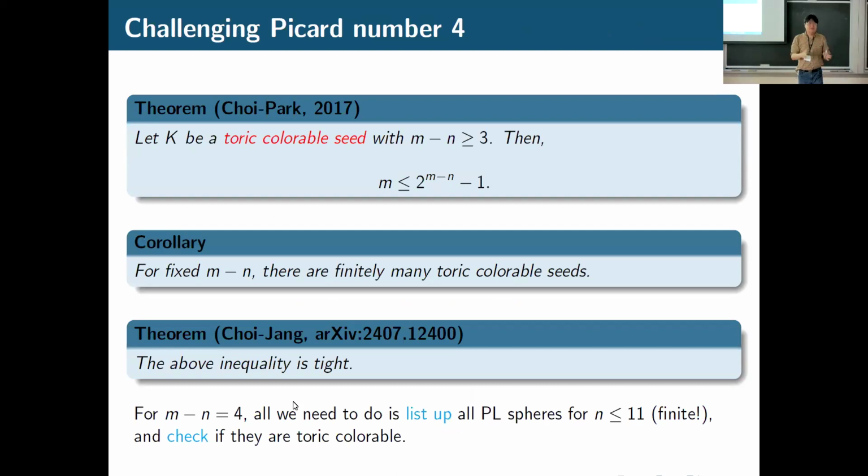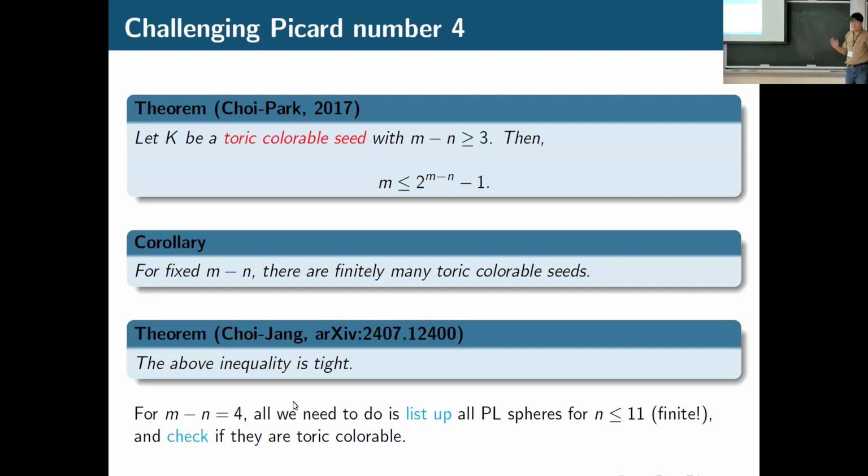I mean, there are finitely many toric curable seeds. So I obtained an inequality for the number of vertices with respect to the Picard number. If K is a toric curable seed, then M should be less than or equal to 2 to the power of the Picard number minus 1. That is the inequality introduced in Hyuntae's talk.